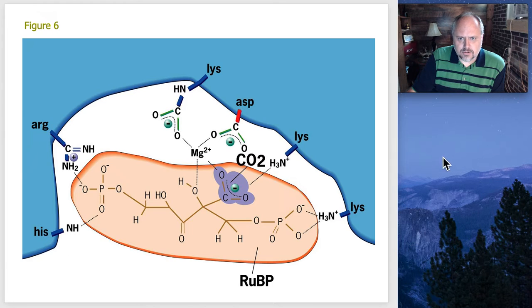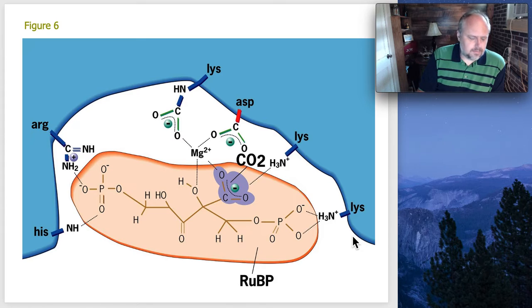Here's an enzyme called Rubisco, which is a plant enzyme, and basically what it does is it's looking for a molecule called RuBP, and this is where plants get the CO2 that they are going to use for making sugar during photosynthesis.